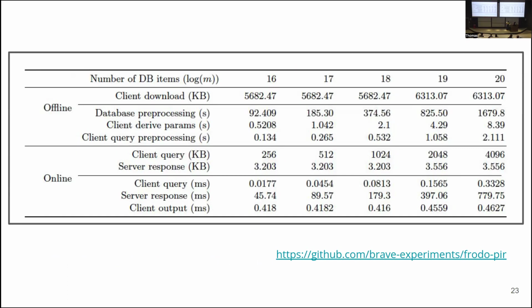One of the things that is interesting on this table is that the times stay similar even when we increase the size of the database, because the first row here is the size of the database. So we have 2 to the 16, 2 to the 17, 2 to the 18, 19, and 20, and you will see that we have arrived at really nice times.